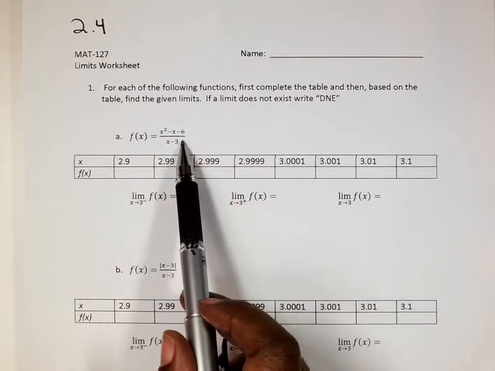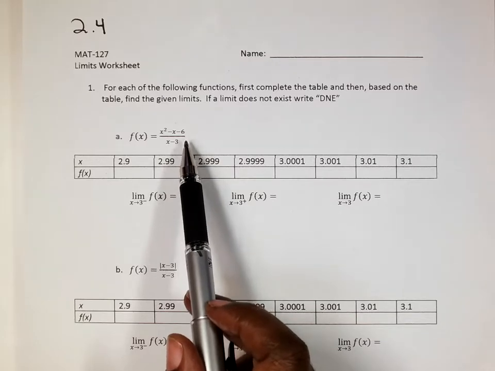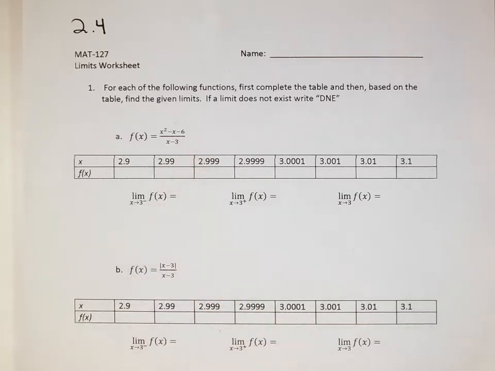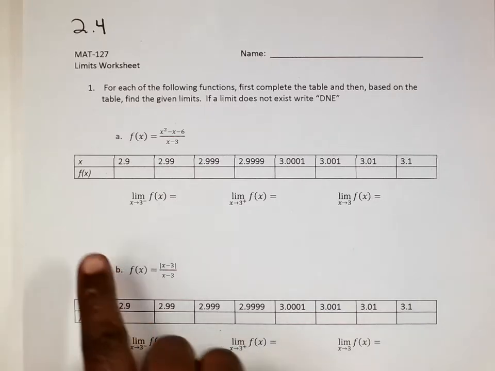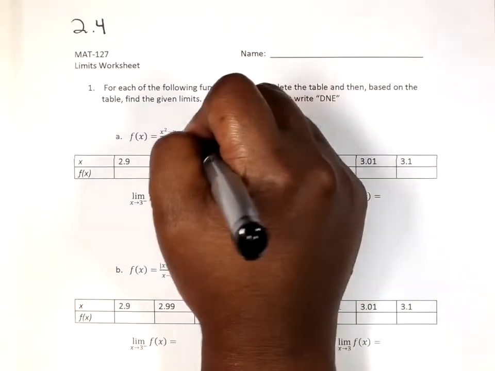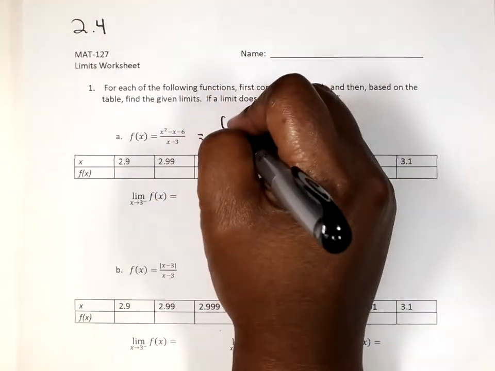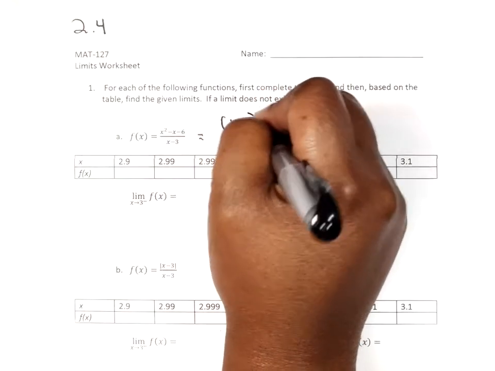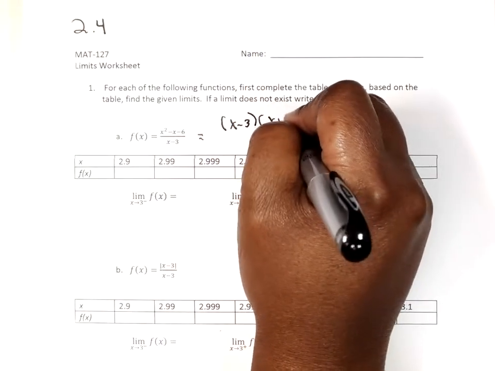Now, looking at this, I see that it's factorable, so I'm going to try and cheat a little bit and simplify it. So when I plug in these values, it's going to be a lot easier to evaluate them. So x squared minus x minus 6 factors to x minus 3 times x plus 2.